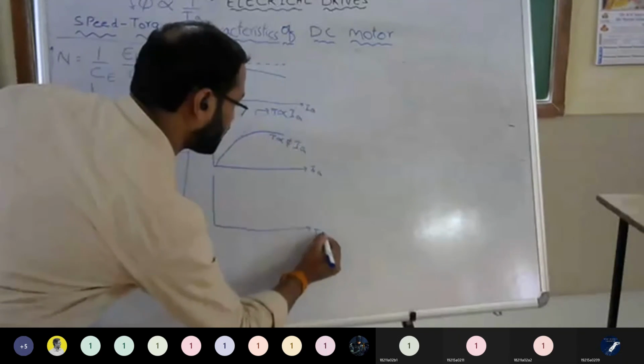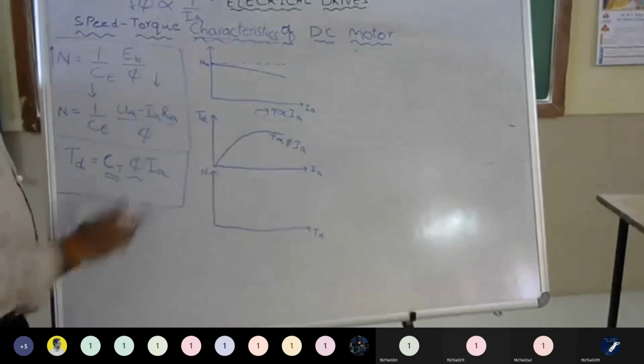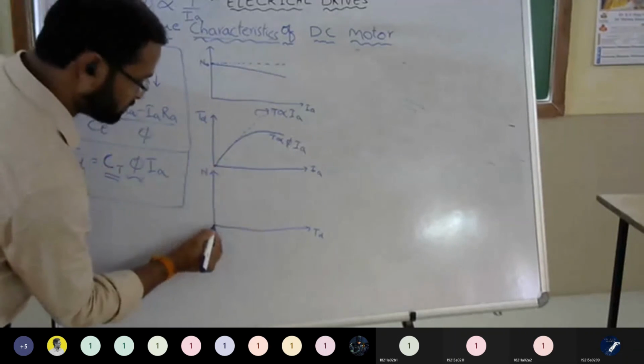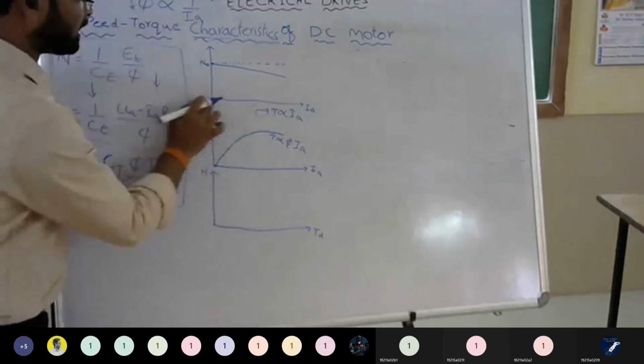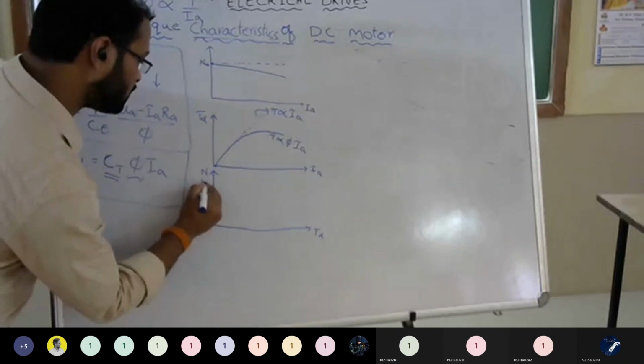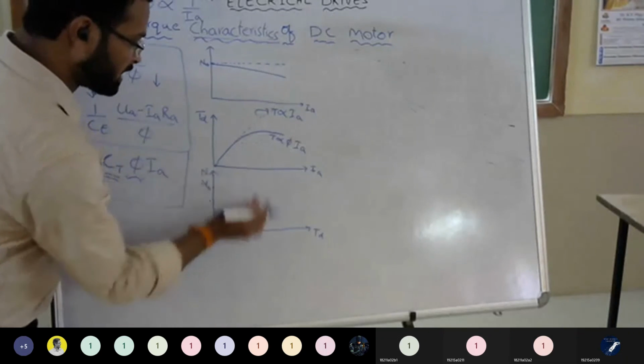We will consider torque on the x-axis and speed on the y-axis. Now at this point, suppose torque is 0, IA is 0. What is the speed? It is the no load speed. When torque is increasing, up to here it is almost linear.